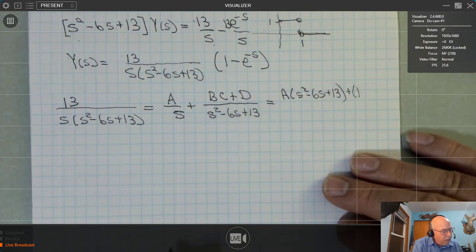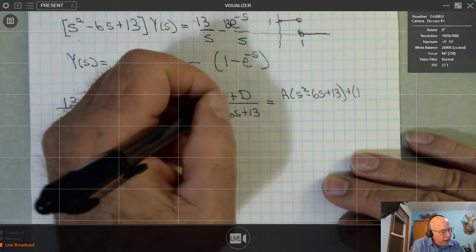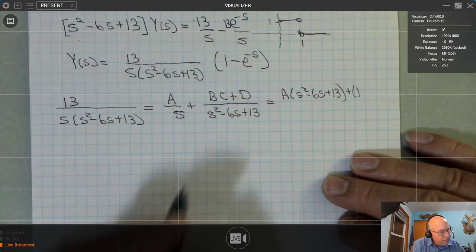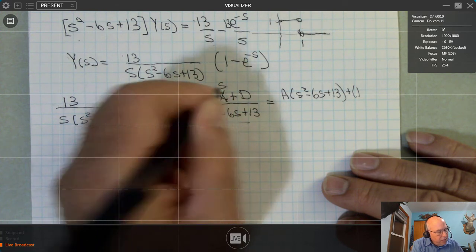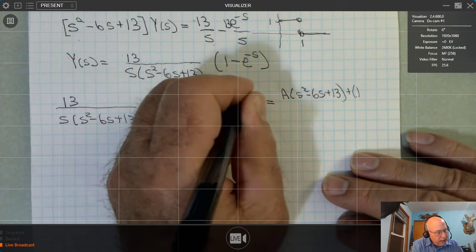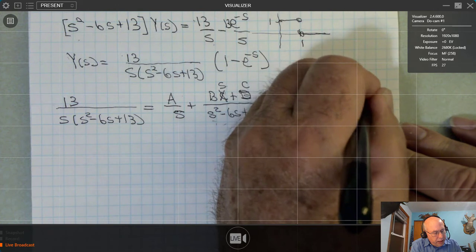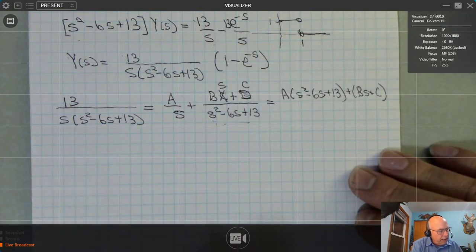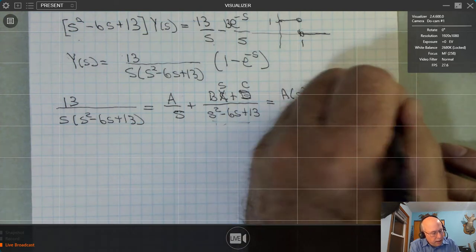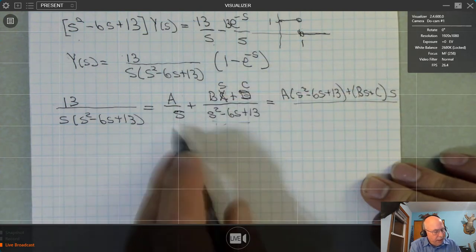Really, what I wanted there was bs. The variable is s. bs plus c times that s all over the common denominator.